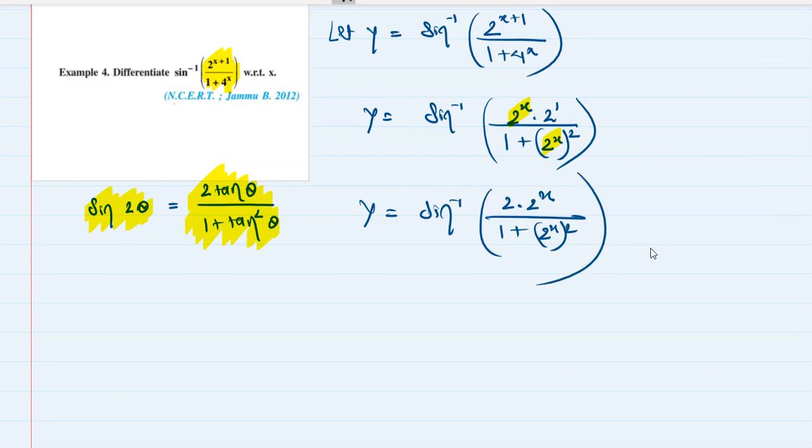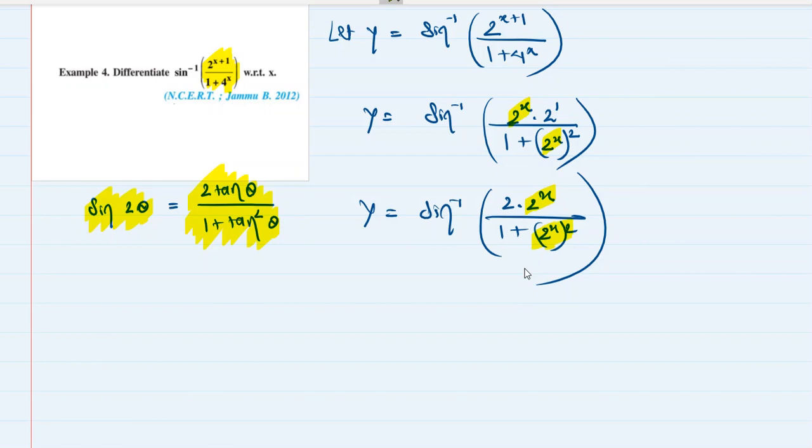Nothing wrong in this. And if you see this formula, this statement which I have written, it is very much similar to the statement I have given you over here. In the place of tan theta, I have 2 raised to x. In the place of tan square theta, I have 2 raised to x the whole square.